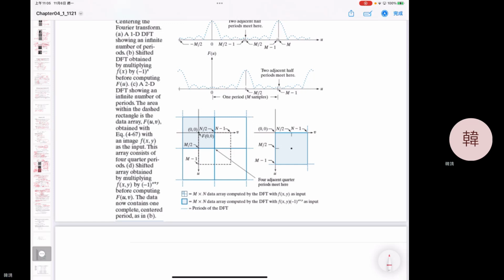See, (u,v) here, the center is M/2, N/2. So immediately you can see this is the low-pass filtering, located at the center of the frequency domain, and it's H(u,v).